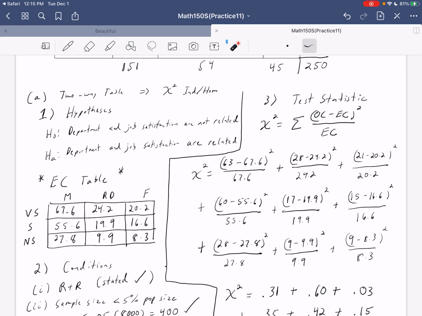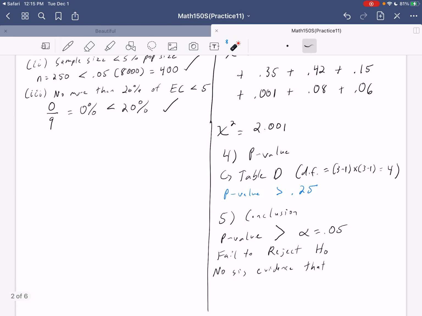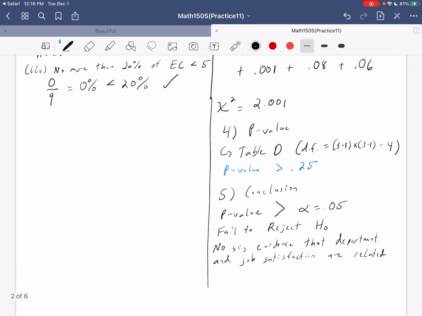Remember, the problem tells you what the claim is, and the alternate hypothesis is also the claim. And the claim here was that department and job satisfaction are related. So we'd say no significant evidence that department and job satisfaction are related. So we have no evidence for a relationship here.